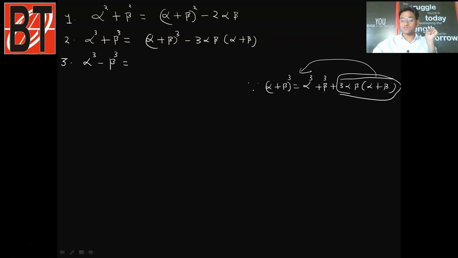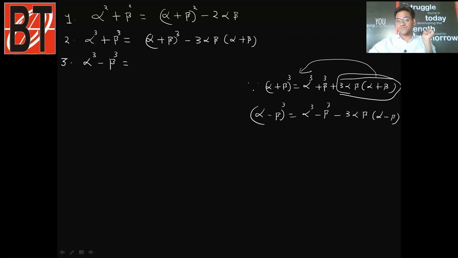You know this identity: alpha minus beta whole cube is nothing but alpha cube minus beta cube minus 3 alpha beta into alpha minus beta.